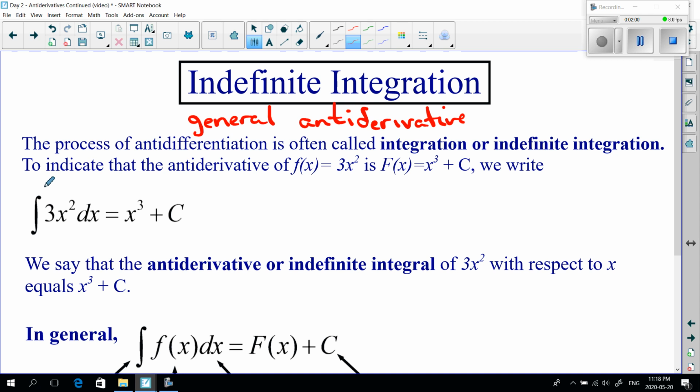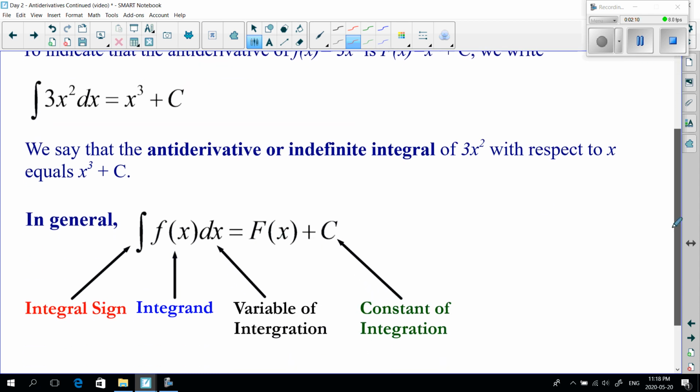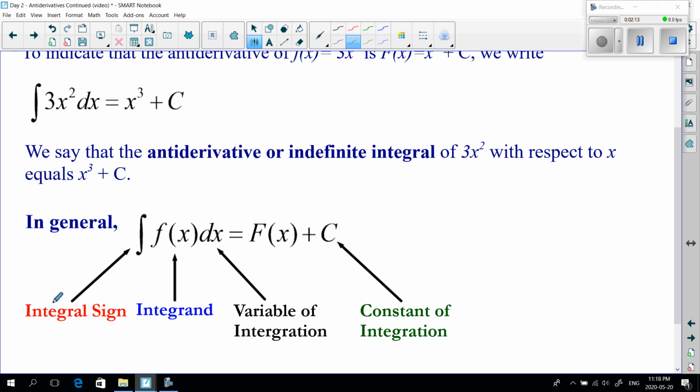Okay. What you'll notice is this integral symbol. All right. This symbol right here is the integral symbol. So what you'll see is the integral sign, what you want to integrate, the integrand it's called. The dx is the variable of integration, and then you'll write equal.